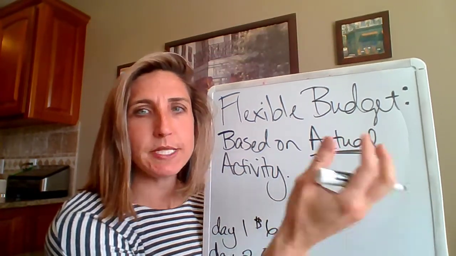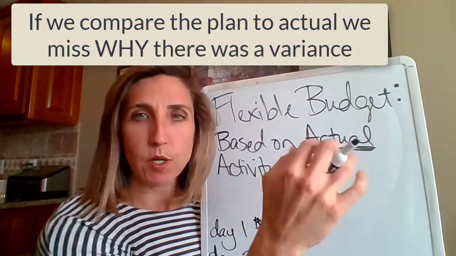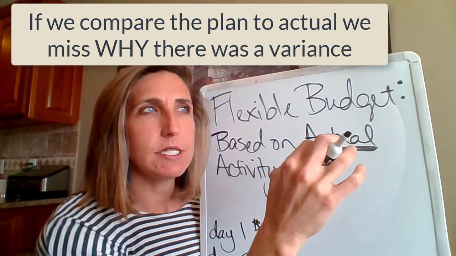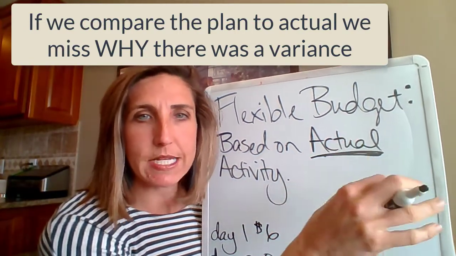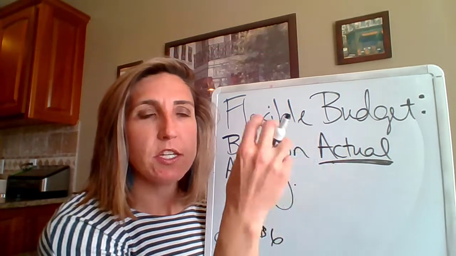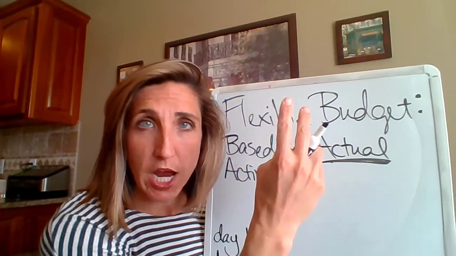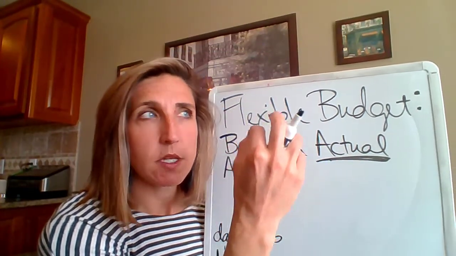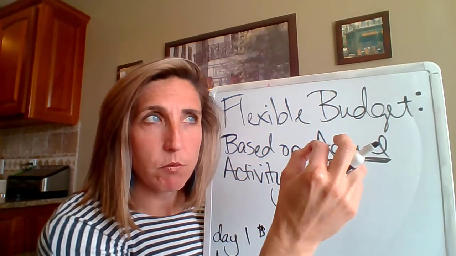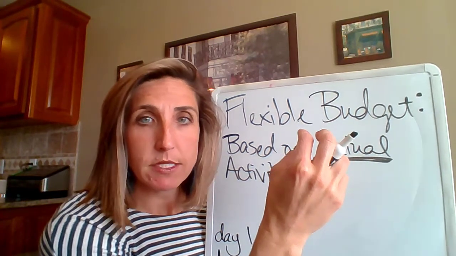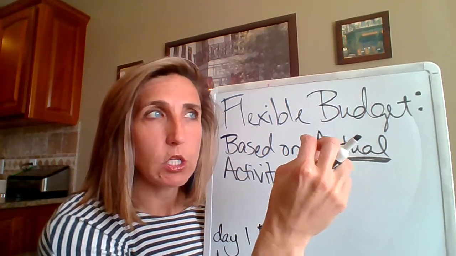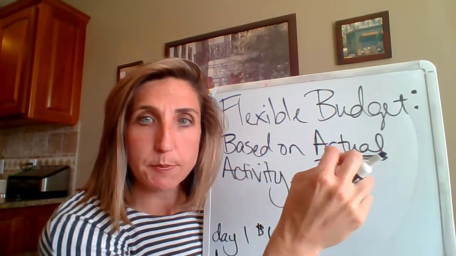So your expectation needs to be compared to what actually happened. And then you need to say why. Why did I exceed or meet my budget? And the two reasons you're going to find in this chapter are that you were within your activity realm or not planned, or you were within the spending realm.